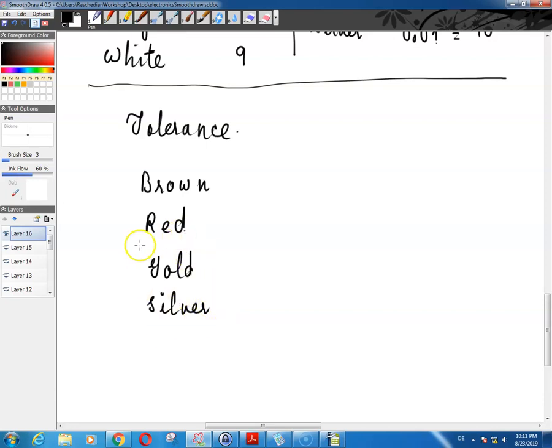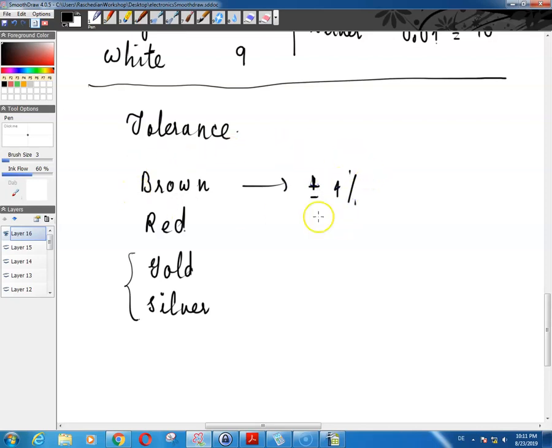Usually gold and silver are the ones that you happen to see on the tolerance band. Brown refers to plus or minus 1%.